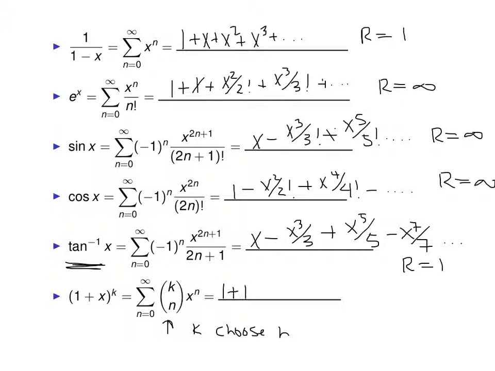It's 1 plus kx plus k times (k minus 1) over 2 factorial times x squared plus k(k minus 1)(k minus 2) over 3 factorial x cubed, etc. And that has radius of convergence 1 also.